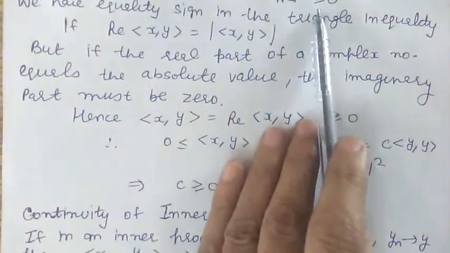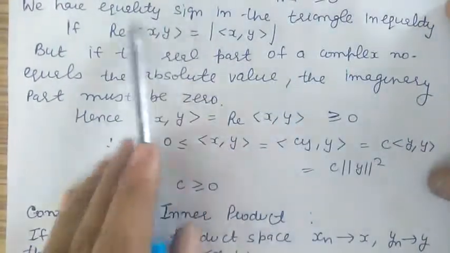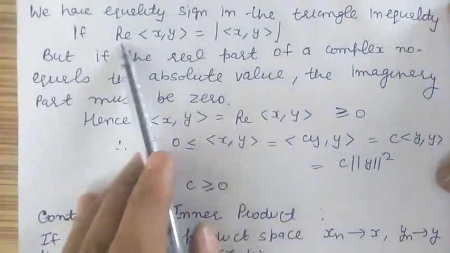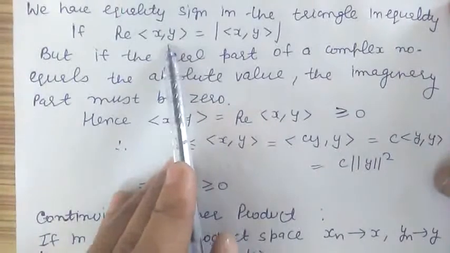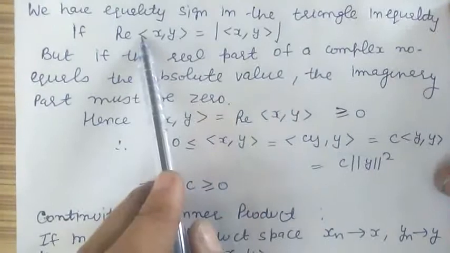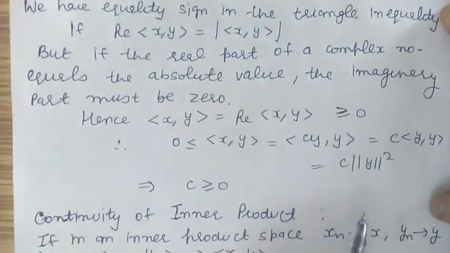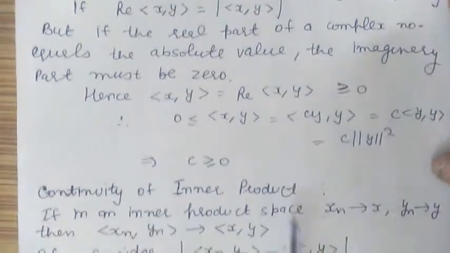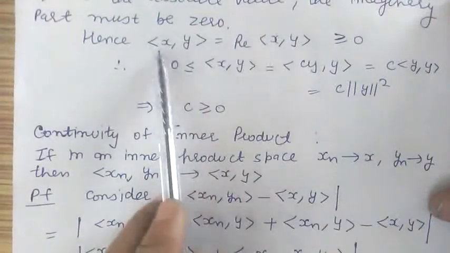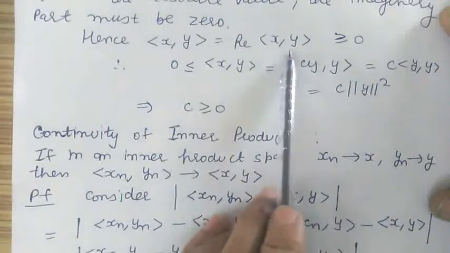To prove c is real and non-negative, we can see that we have the equality sign in the triangle inequality if the real part of the inner product of x with y is equal to the modulus. But if the real part of a complex number is equal to its absolute value, then the imaginary part must be 0. Hence the inner product of x with y is equal to the real part of the inner product of x with y.